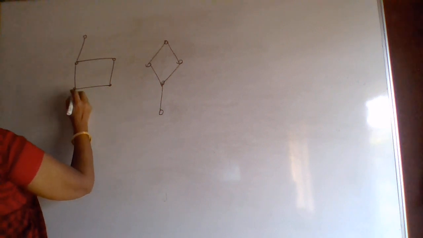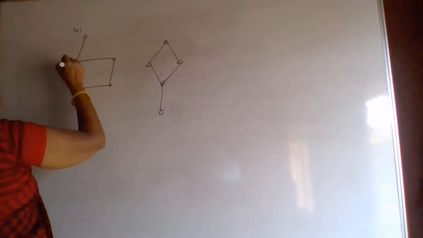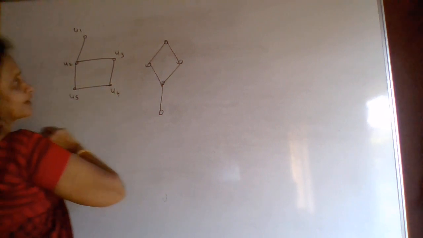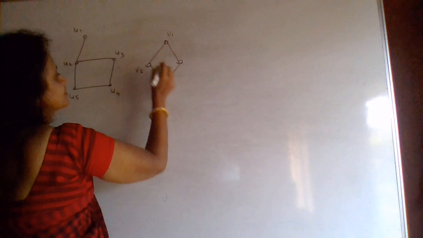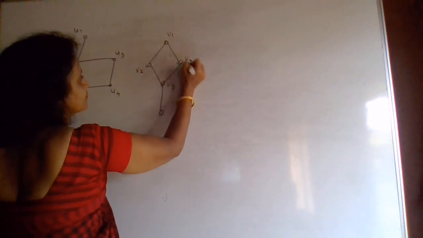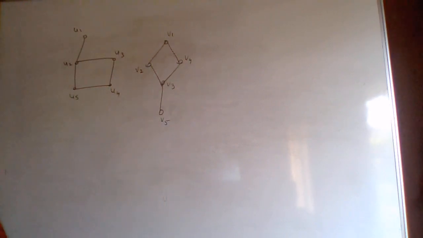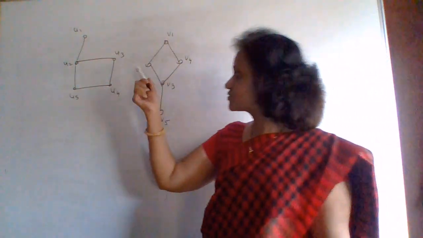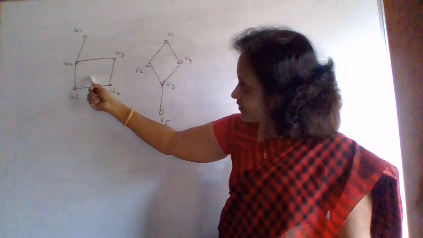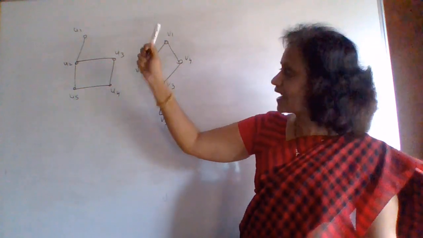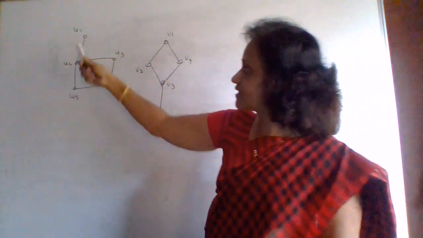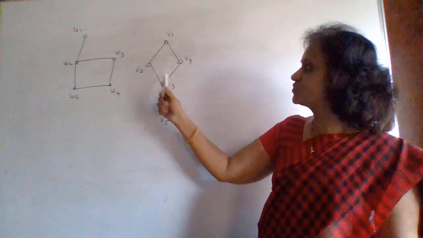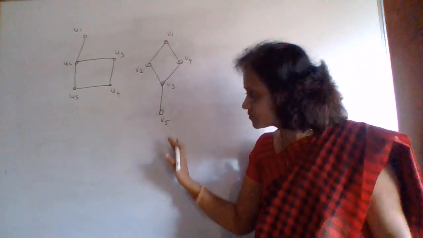Let me label this as u1, u2, u3, u4, u5, and let's have v1, v2, v3, v4 and v5. Now to prove graphs are isomorphic, what you have to do? You have to construct a function f from the set u1, u2, u3, u4, u5 to the set v1, v2, v3, v4, v5.